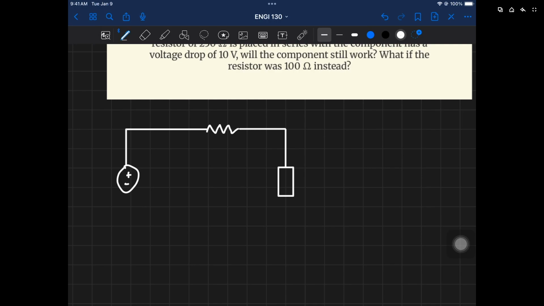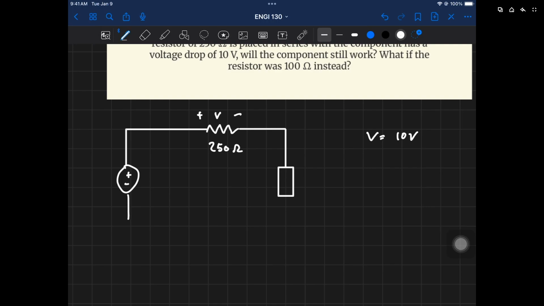It doesn't really matter. This is a 250 ohm resistor, and the voltage drop across it is V, where V = 10 volts.